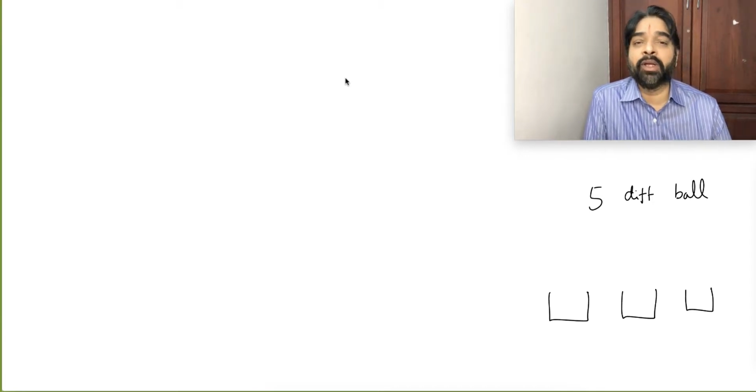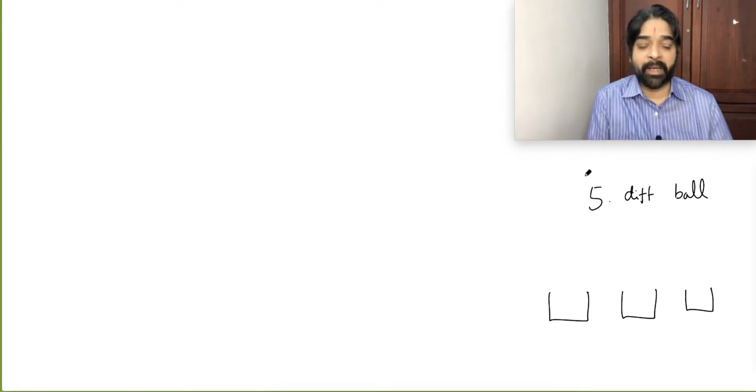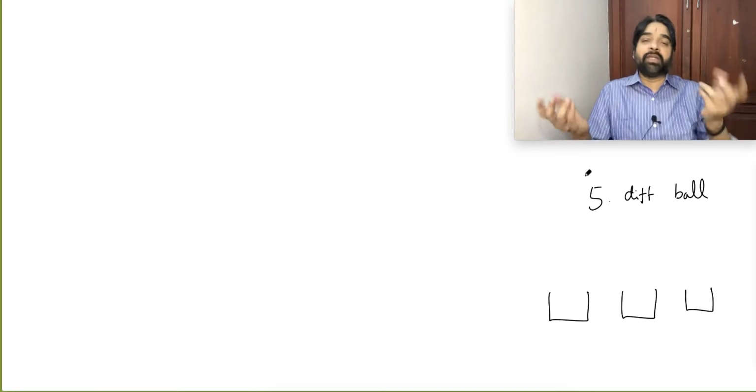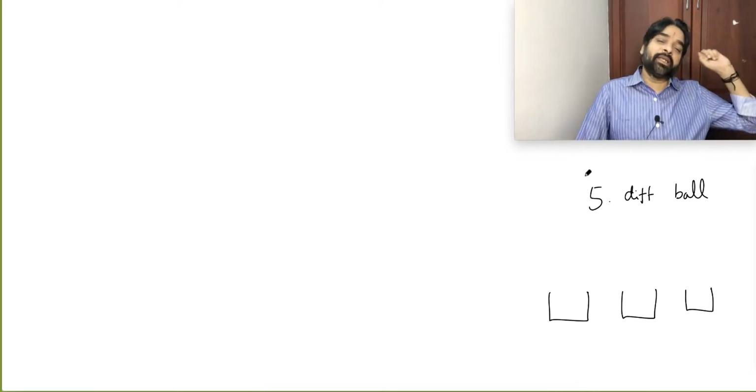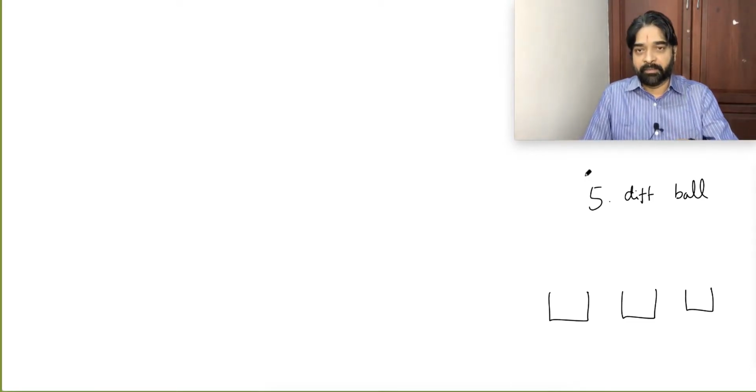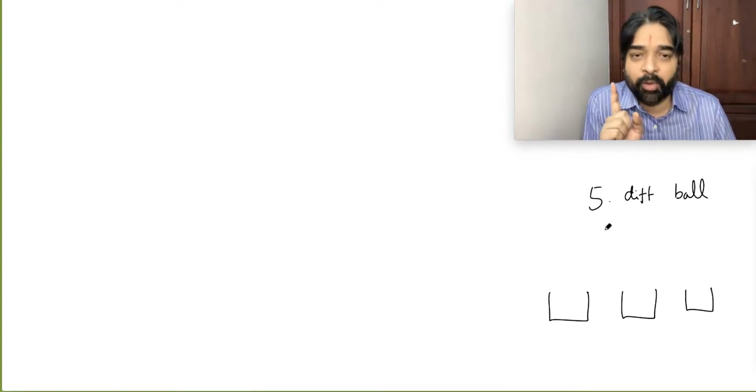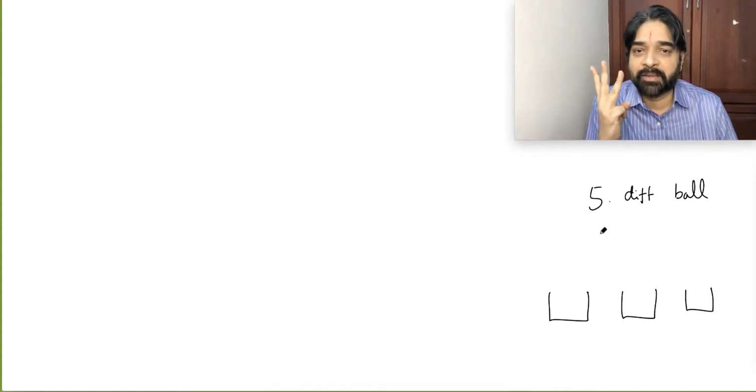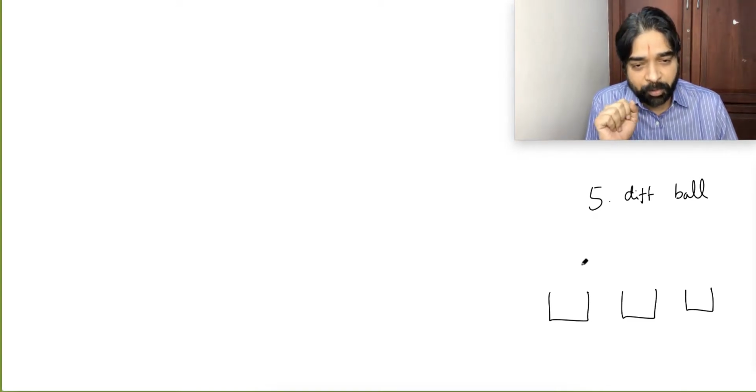First ball can go in how many ways? One ball I will take. Because an empty container is allowed, I will just throw it simply; anywhere it will fall. So the first ball can go in 3 ways, either here or here or here.